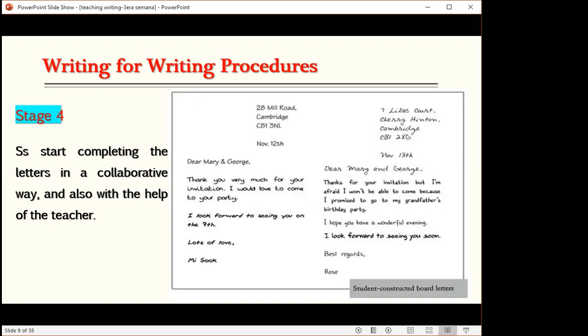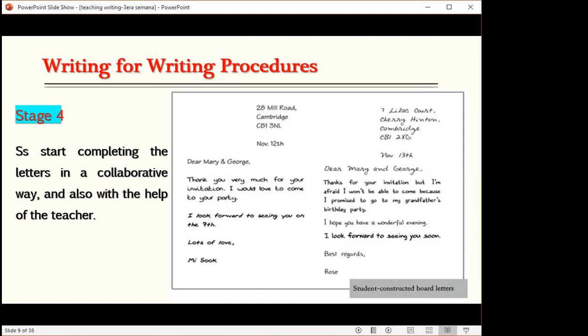Notice they are going to give some ideas and they are going to write these ideas on the board. Maybe you can ask one student to start with writing the date. Another student writes the other date. Okay, now go back to your seat. Now another student writes the address. Maybe they forgot the address. Okay, what is missing?